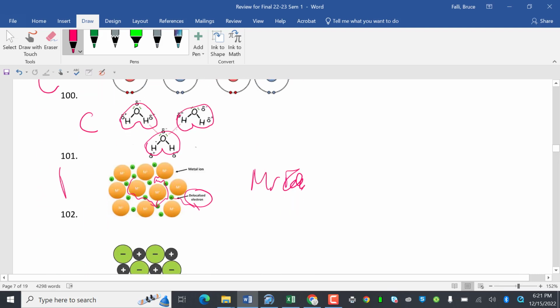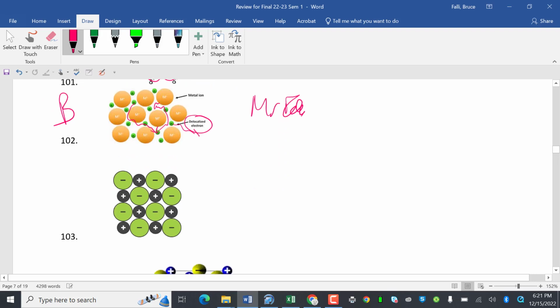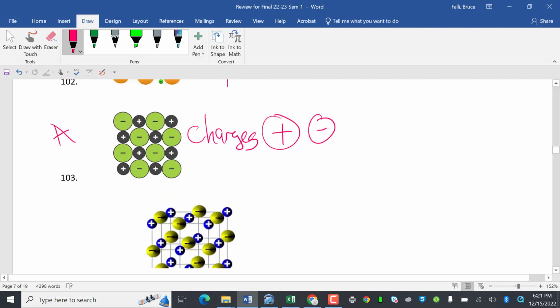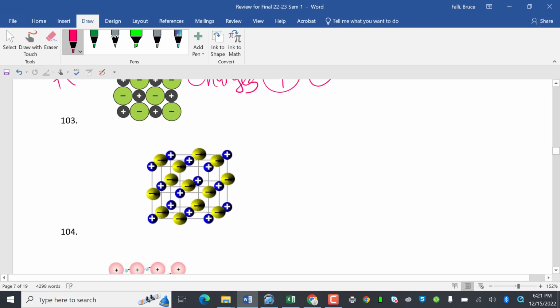So metallic is B. Oh, look, big charges. That's ionic. This is big positive, little negative. This has big charges. Look at this, big charges. Ionic.